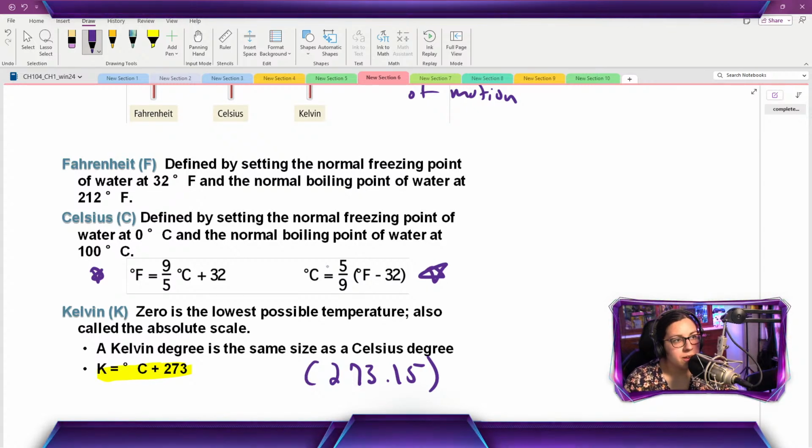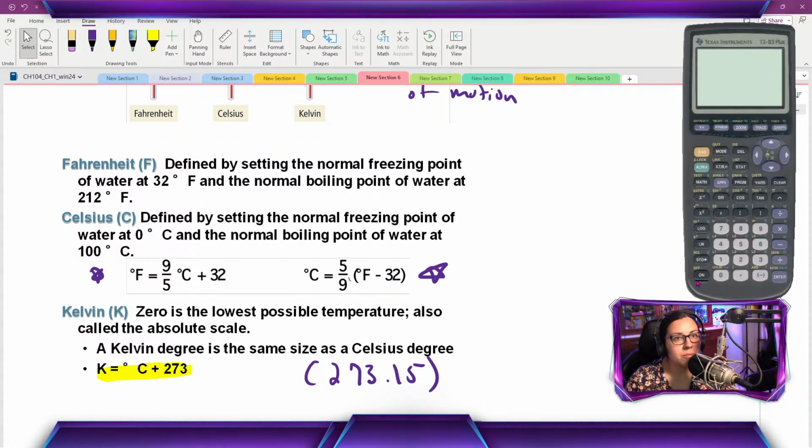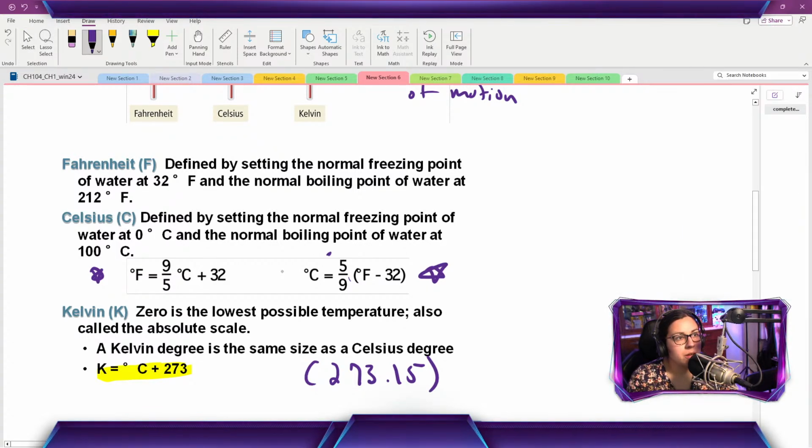So order of operations: if we're going from Fahrenheit to Celsius, first you do the parentheses. So you subtract 32 and then you multiply it by 5/9. If you're seeing this in a textbook or another resource online, sometimes they may give you the decimal answer, so times 0.556 or something.